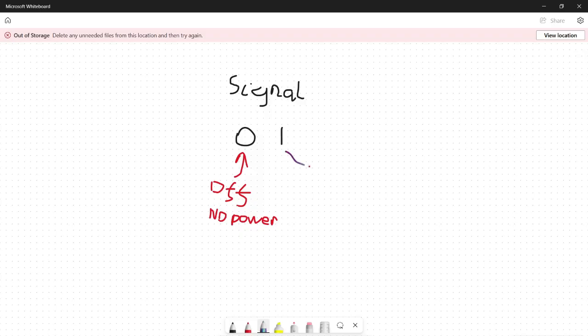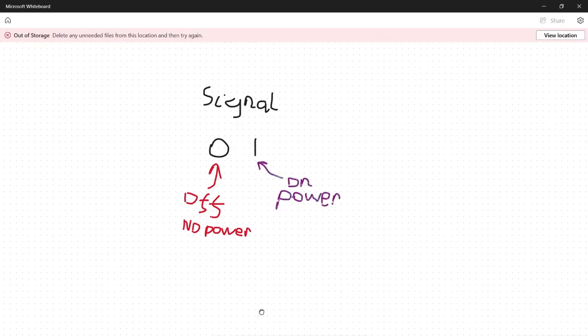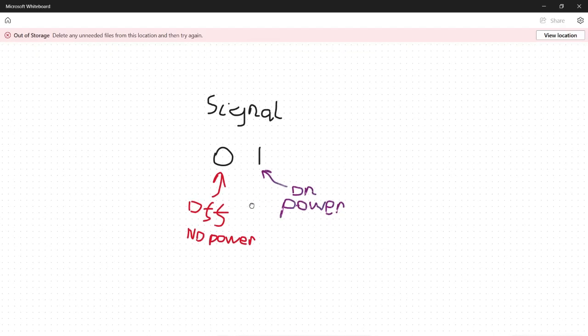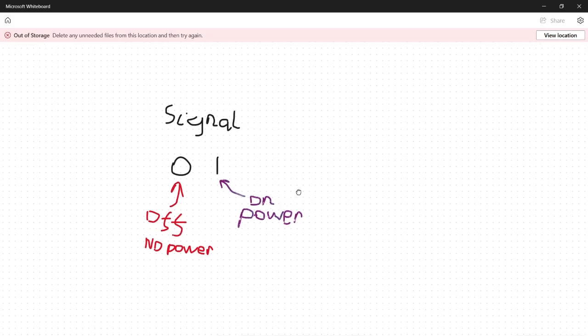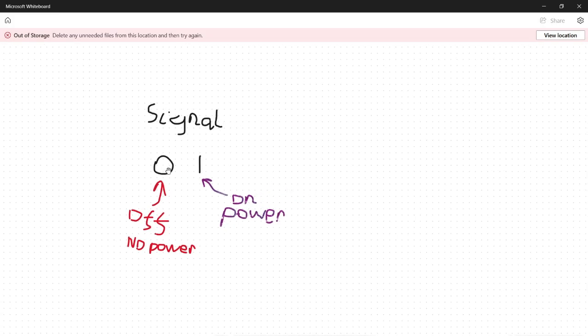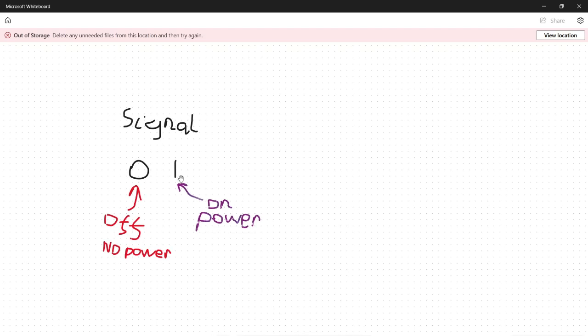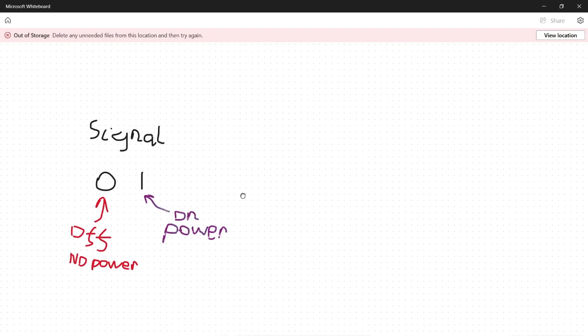But if we take a look at the 1, this is our on signal. It means there is power. So if we connect a lamp to a 1 signal, then the lamp will turn on. And that's how this is going to work with logic gates. This is basically going to turn on or off a switch.